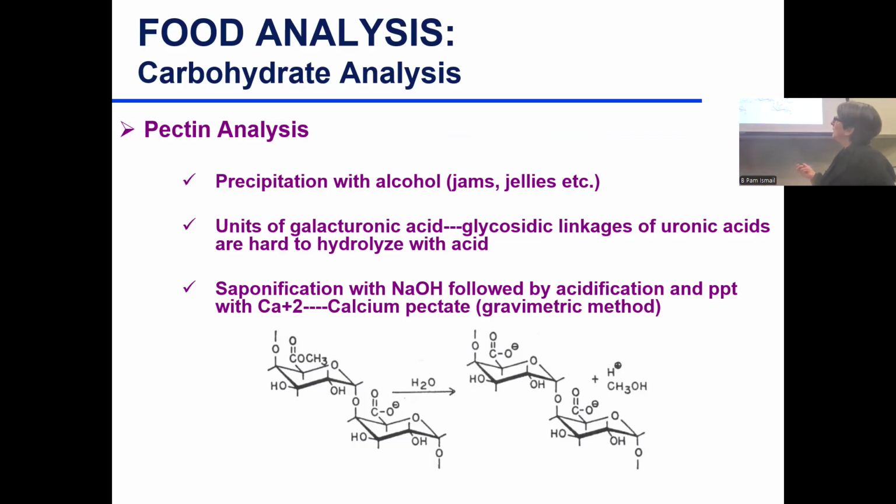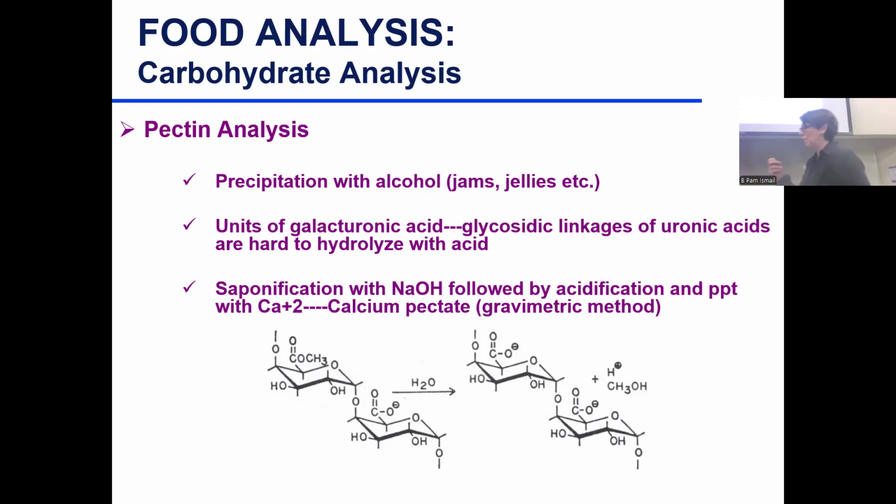So the way you do it is you precipitate with alcohol. And then you get the units of galacturonic acid and glycosidic linkages. They are very hard to hydrolyze with acid. So you saponify with a base so that you can remove the methoxy groups.